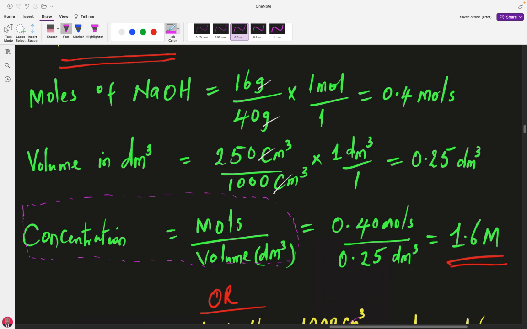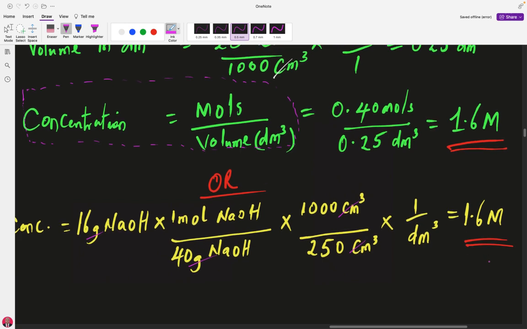In that case, we already have the number of moles that we calculated, and we already have our volume in dm cube, or cubic decimeter. So dividing the number of moles by the volume will give us 1.6 molar. So molarity is mole per dm cube, and that is the concentration.